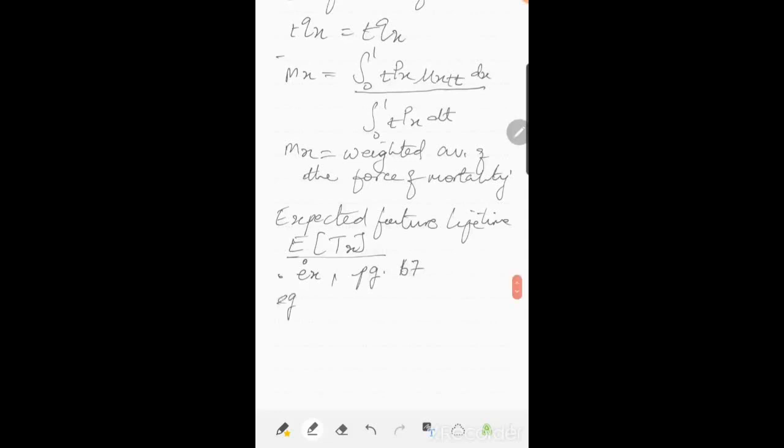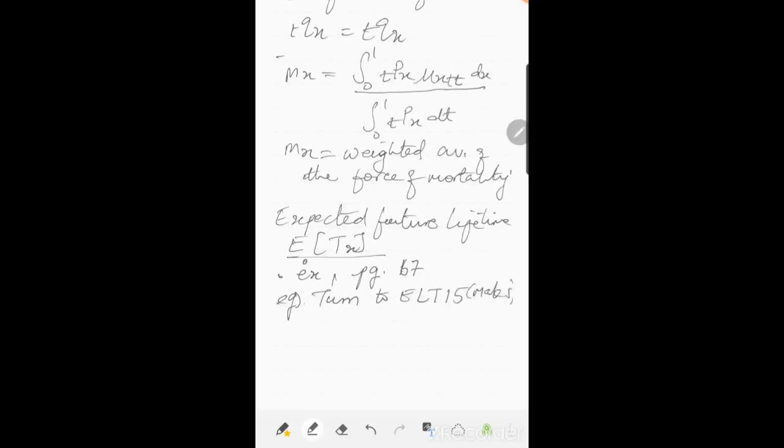So for example, we can see an example on this. Turn to ELT15 males.